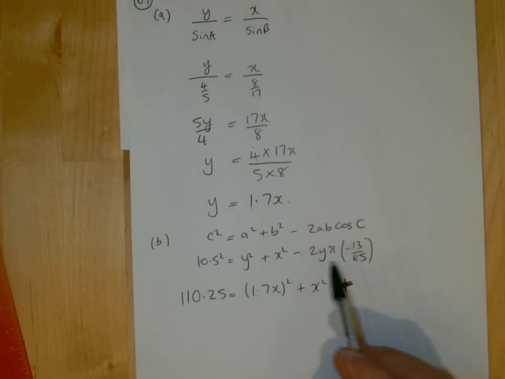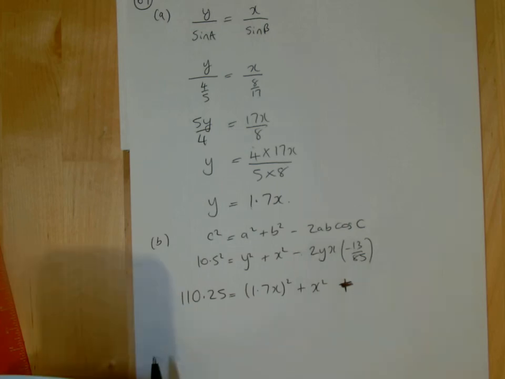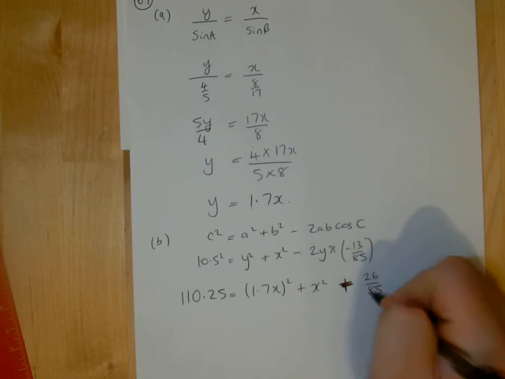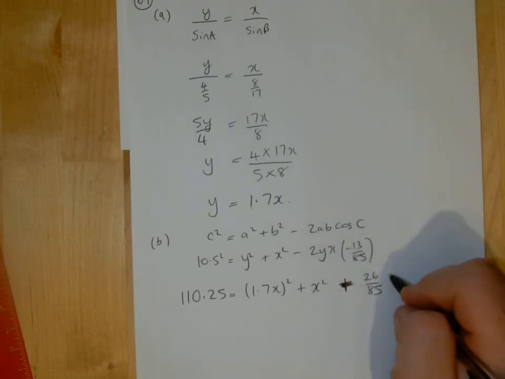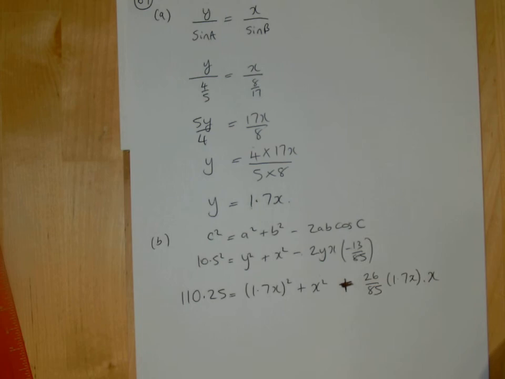Let's work out the numbers: 2 times 13/85 will be 26 over 85. Then it's yx, and remember y is 1.7x, times x.